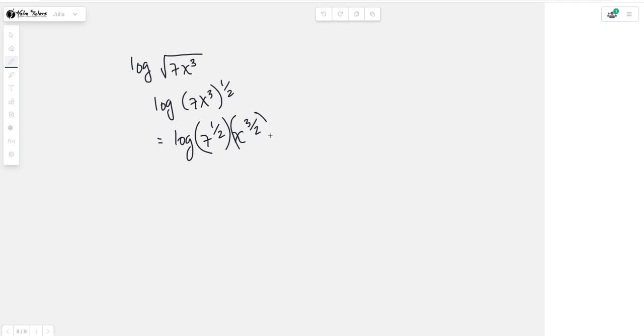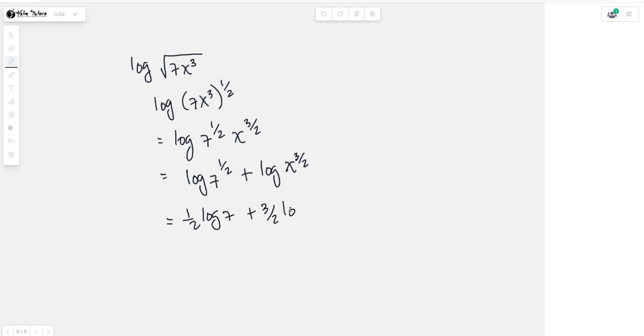Yeah, they're also being multiplied, so we can use the product rule. So go ahead. Yeah, so you go log base 10 of 7 to the 1/2 plus log x to the 3/2, right? And to finish, yes, 1/2 log 7 plus 3/2 log x. Fair?